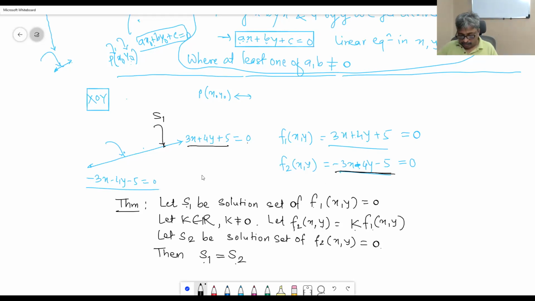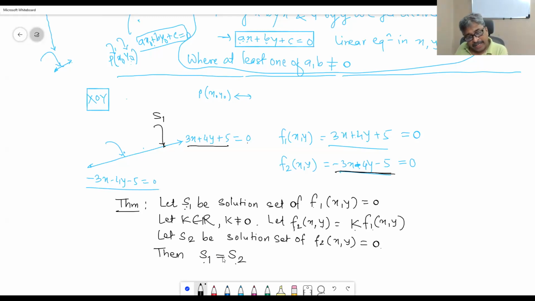Is this theorem intuitively acceptable to you? Intuitively, this particular theorem is very easy to understand. The solution set for f1 and the solution set for f2 of x comma y are going to be the same.